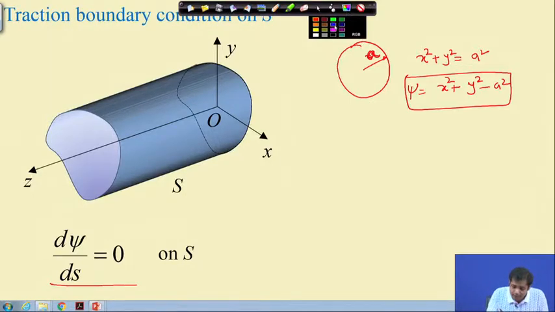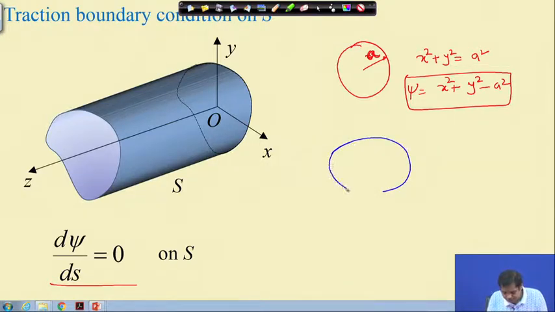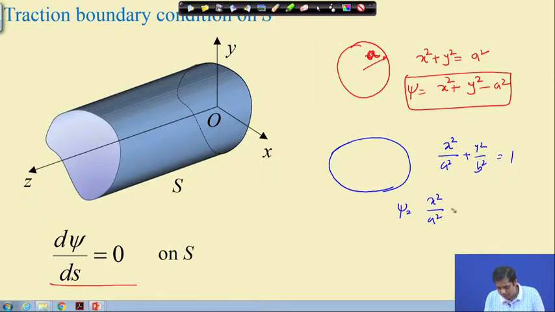Similarly, suppose the cross section is an ellipse defined as x square by a square plus y square by b square is equal to 1. If I take psi equal to x square by a square plus y square by b square minus 1, psi vanishes at the boundary, and it is also consistent with this expression.